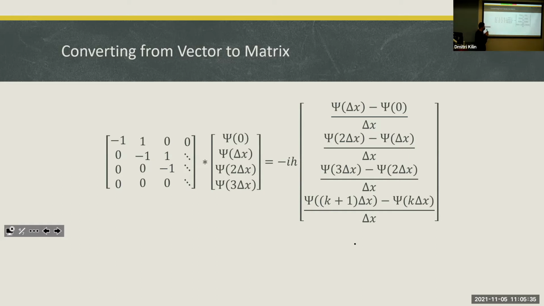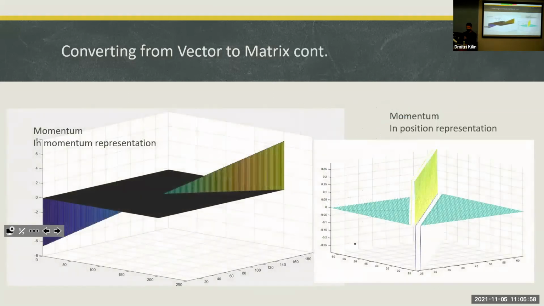When you multiply those two together, you get the value from the position you're at subtracted by the value of the position before that. Then you continue going down for however many values you have, and multiply by the constants negative i h-bar and divide by your dx. And then here's the visual representation of the matrix.